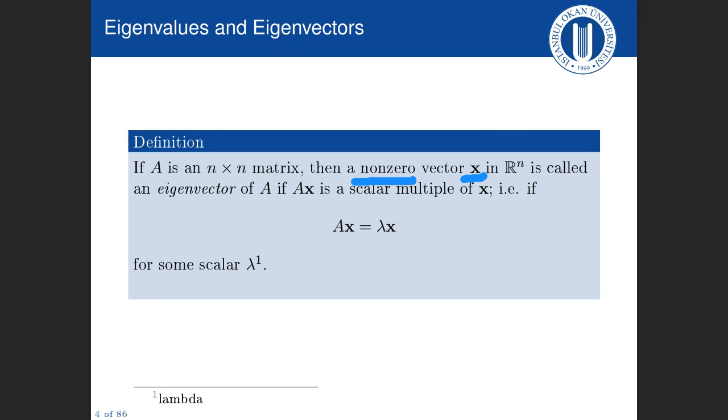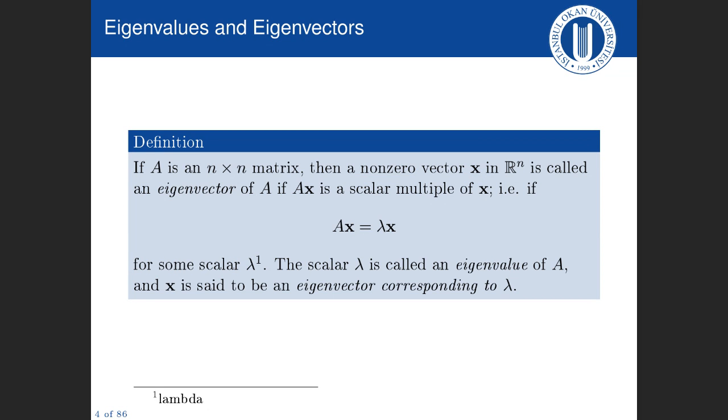Every time we talk about an eigenvector, we can't take the zero vector, it has to be a non-zero vector. This scalar lambda is called an eigenvalue of the matrix A, and the vector x is said to be an eigenvector corresponding to lambda.